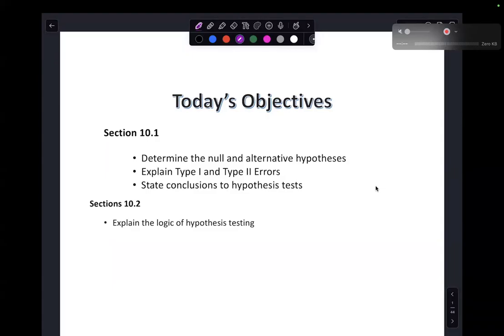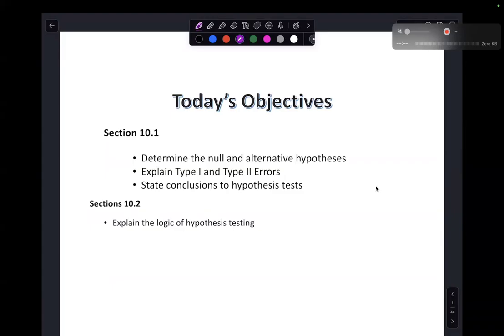So today we're not going to do much math. Today I'm introducing a new topic. We're going to learn about hypothesis testing, and we're going to learn some information about that. And then all of our math is going to be relegated to Thursday. So Thursday's super math heavy. So we're going to talk about what the null and alternative hypotheses are, what those look like, how to write them. We're going to look at type 1 and type 2 errors, and then talk about how we write the conclusions to our hypothesis tests. Then we're going to just dip our toe into 10.2.